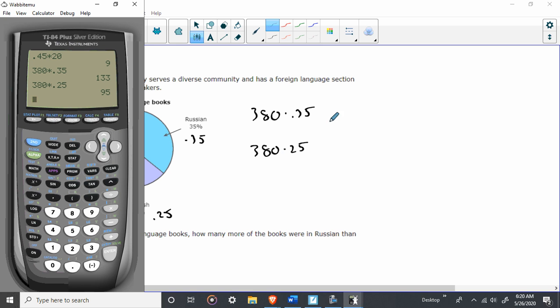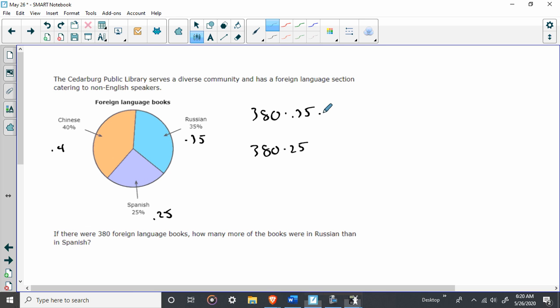So we got 133 and 95. This is 133, this is 95, right? And so we'd say, what's the difference? What's 133 minus 95? Well, it's going to be 38.